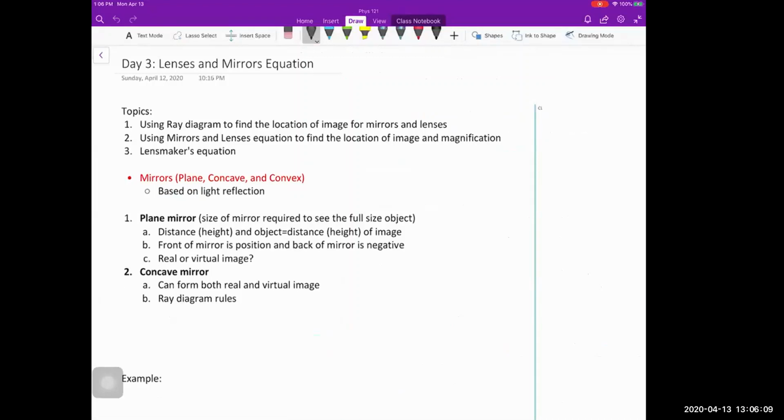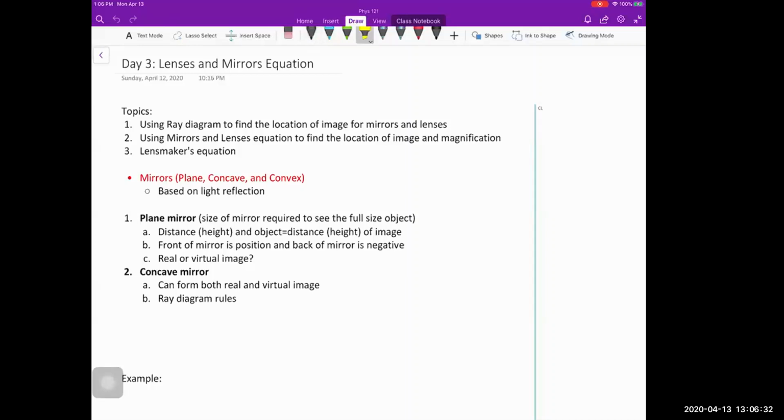All right, so this is the one that we're going to talk about. First thing about the mirror and the difference between the mirror and the lens is the mirror, one side is opaque, so light cannot penetrate. Because light cannot penetrate, you can see the image because of the light reflection.